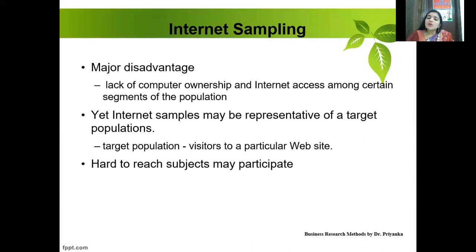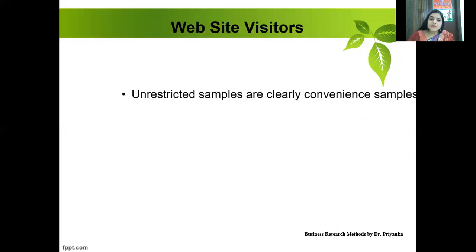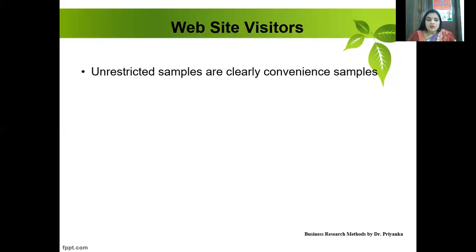Then hard to reach subjects may participate. Some subjects are really hard to reach and they do not reply when you go to them and try to interview them. But when you float the questionnaire over the internet, people generally reply. Then website visitors. Unrestricted samples are clearly convenient samples.